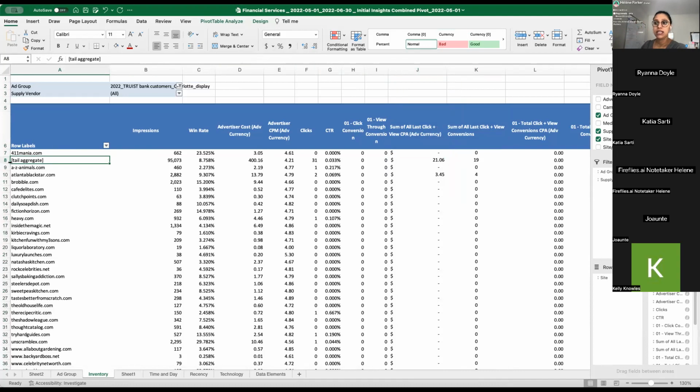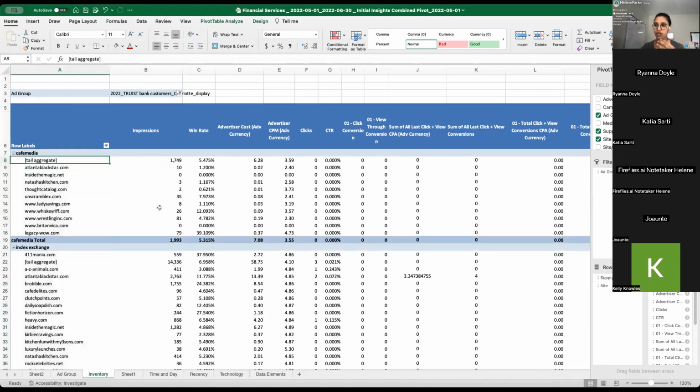Even though they have the highest impressions, many of them within that tail aggregate didn't pass The Trade Desk minimum threshold to be marked as their own site. So instead of not showing you the site, they're just regrouping it in the tail aggregate. And if you ever need to look at the tail aggregate, all you have to do is drag the site, and then it'll show you an average of those sites. See, these have very, very, very low numbers.